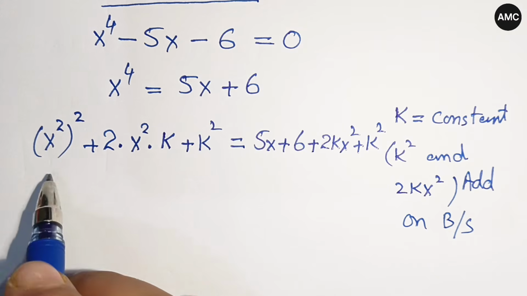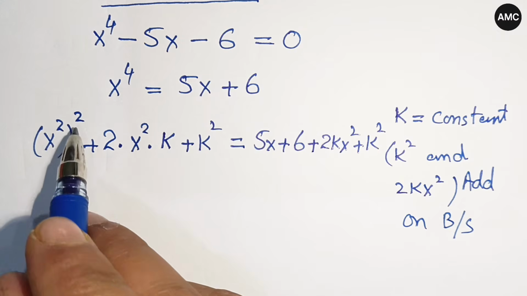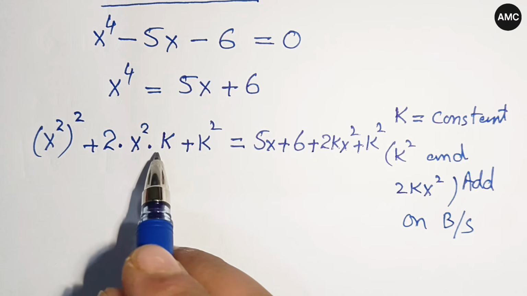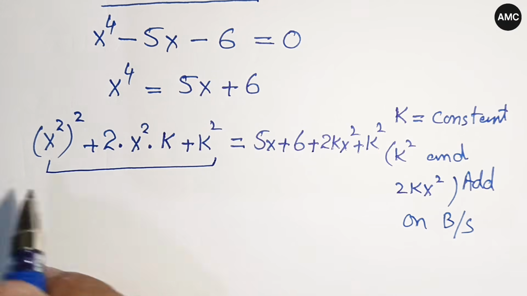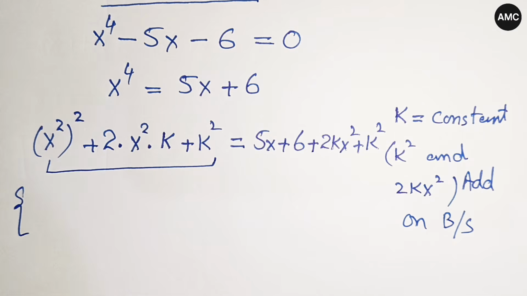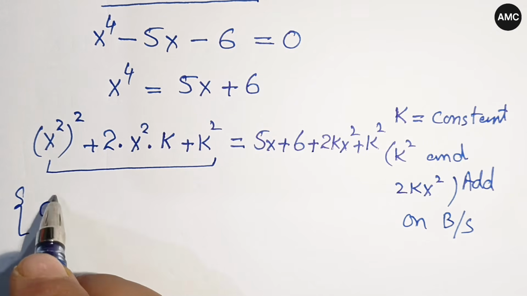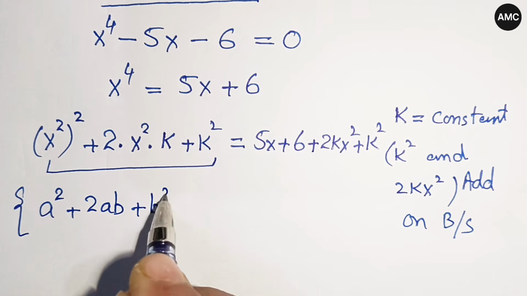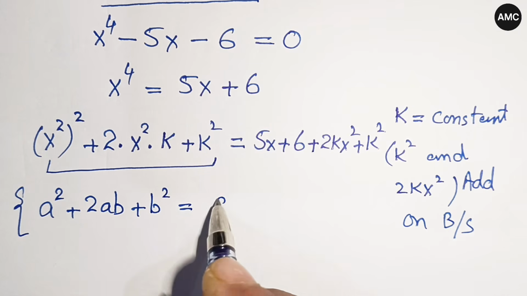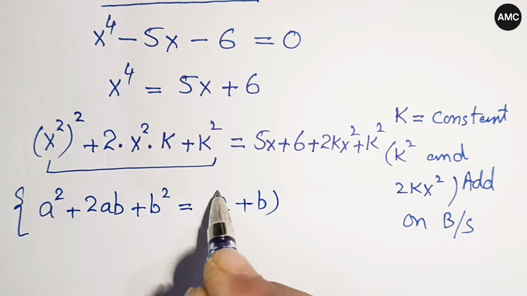So here x squared whole squared plus 2 times x squared times k plus k squared is equal to, as we know by the algebraic identity, if we have a squared plus 2 times a times b plus b squared, it is equal to a plus b whole squared.